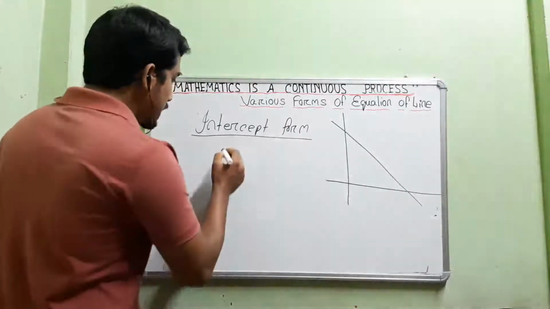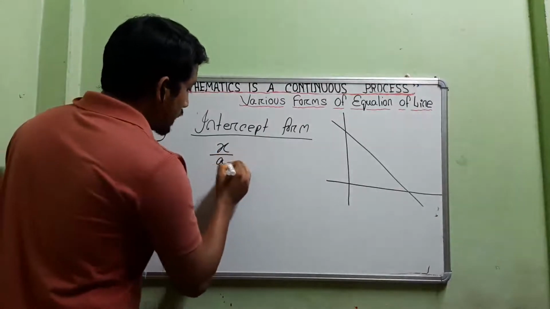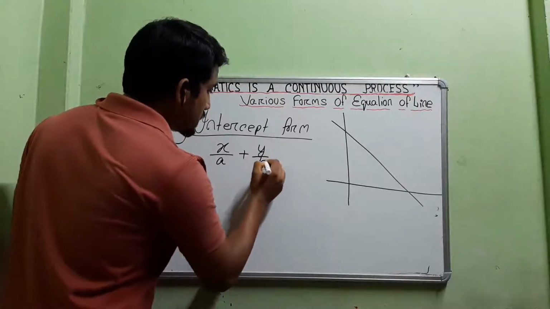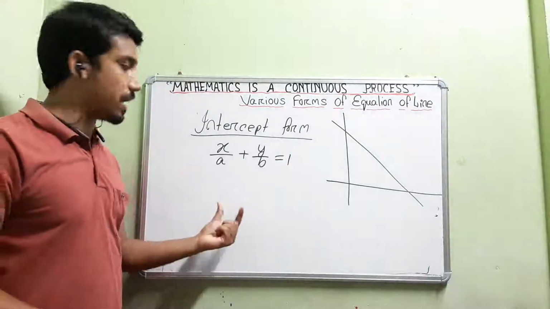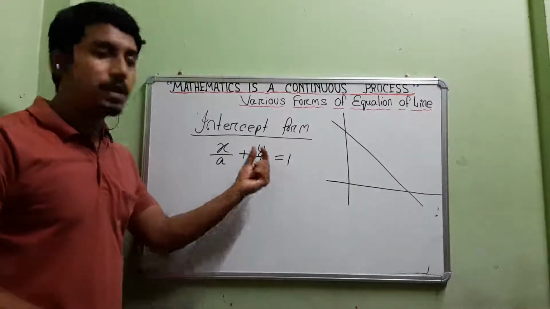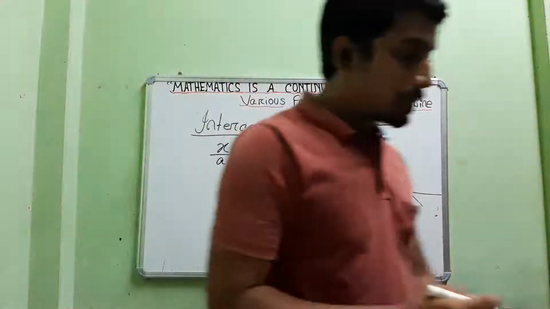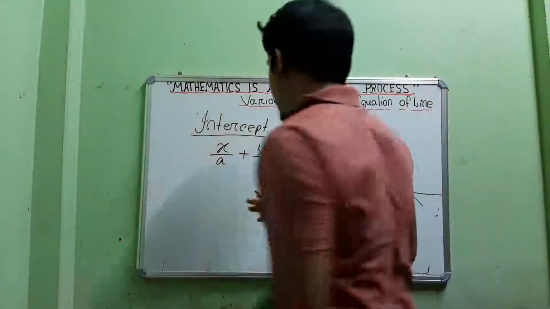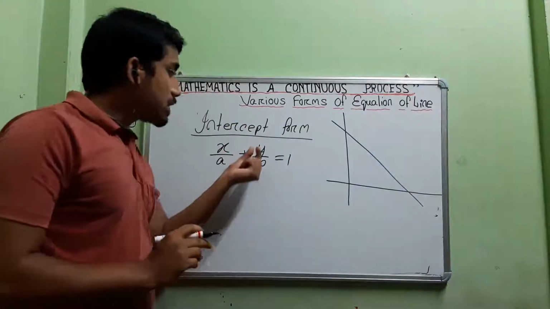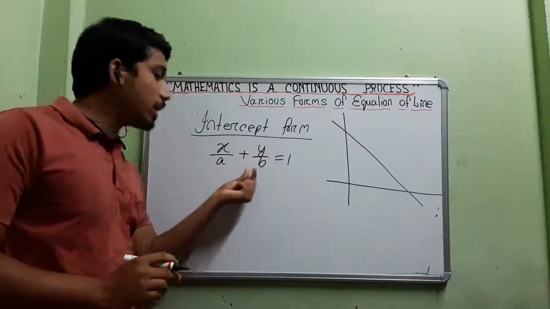The form is like this: x by a plus y by b equals 1. This is called the intercept form of the equation of a straight line. Let me make you understand. X by a plus y by b equals 1. What is a? What is b?